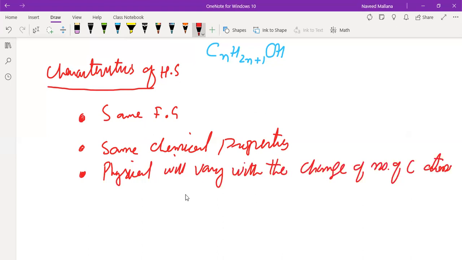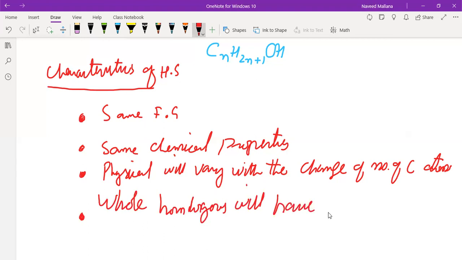Number 4, whole homologous series will have same general formula.